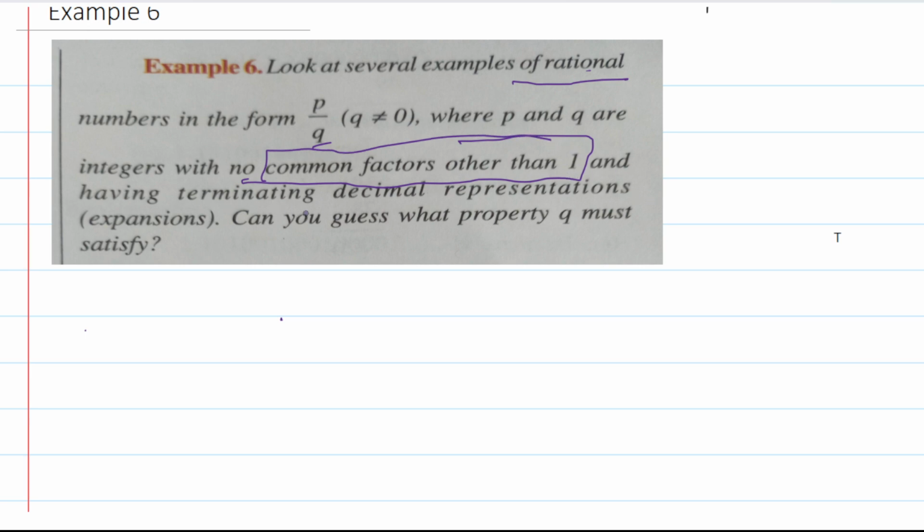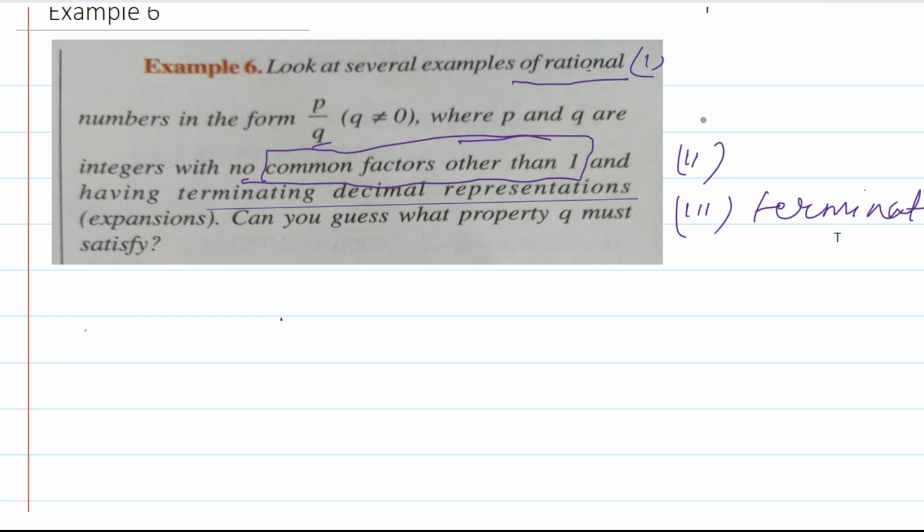Third part is that when you divide, you should have a decimal representation that is terminating, stopping. Okay, so three conditions. First condition, rational number. Second condition, one should be the common factor in both the numerator and denominator, and third condition, the decimal expansion should be terminating.